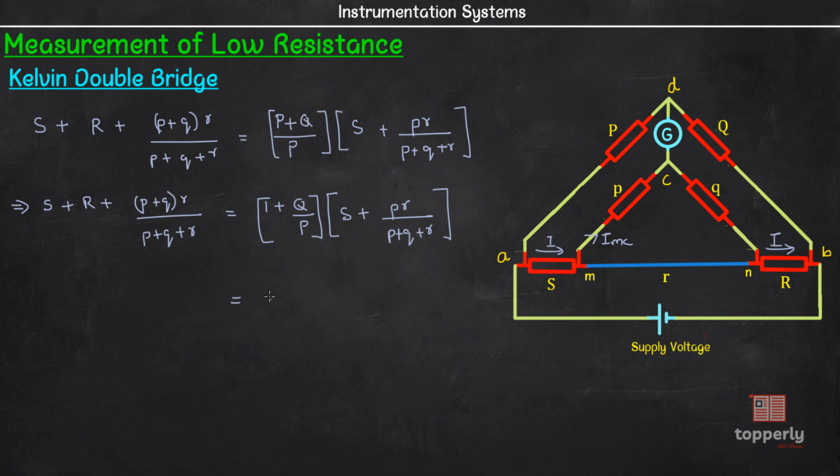And this becomes S plus pr by small p plus small q plus small r, these are also small letters, plus q by p into S plus capital Q by capital P into small pr by small p plus small q plus small r.